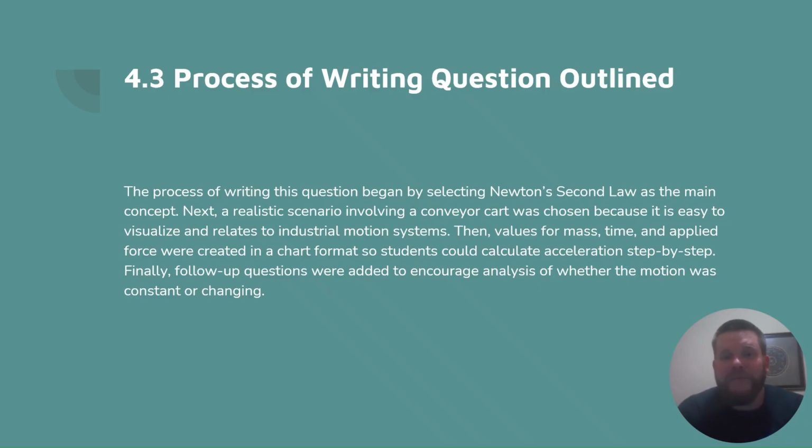Then, values for mass, time, and applied force were created in a chart format so students could calculate acceleration step by step. Finally, follow-up questions were added to encourage analysis of whether the motion was constant or changing.